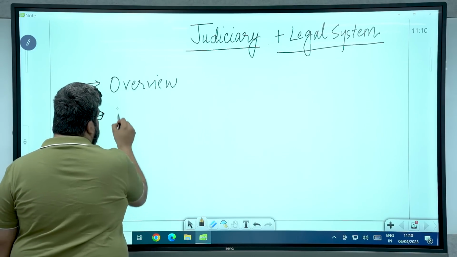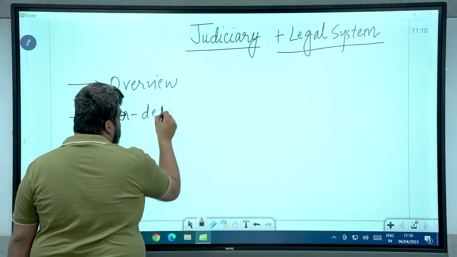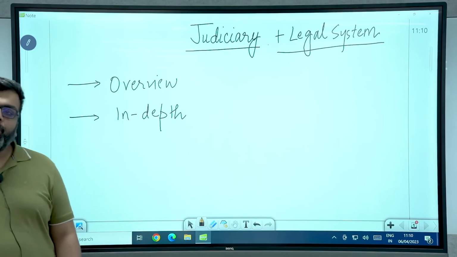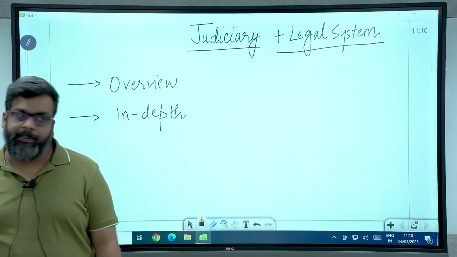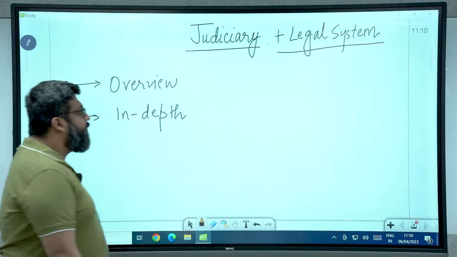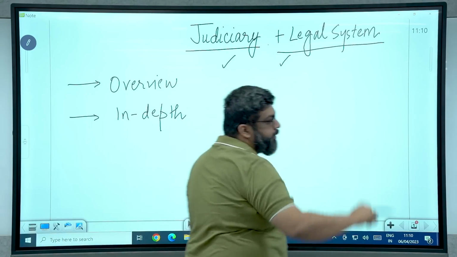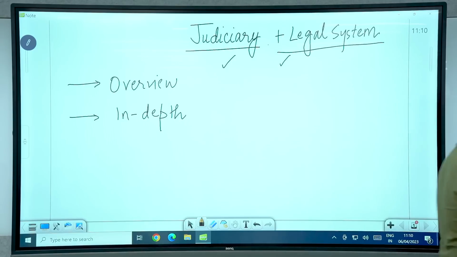Then we will do an in-depth of certain key concepts that need to be done, which I think are relevant for the prelims exam. And we'll cover not just the judiciary, but we will also cover what is called the legal system of the country, right? Now, to begin with, we have a fairly complex legal system.